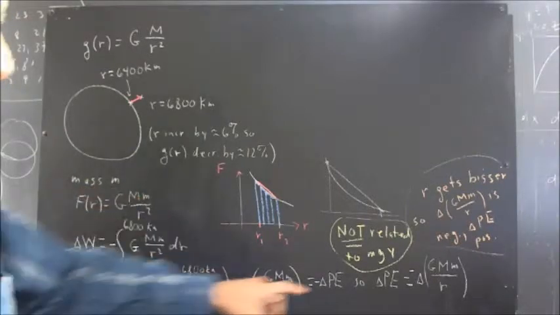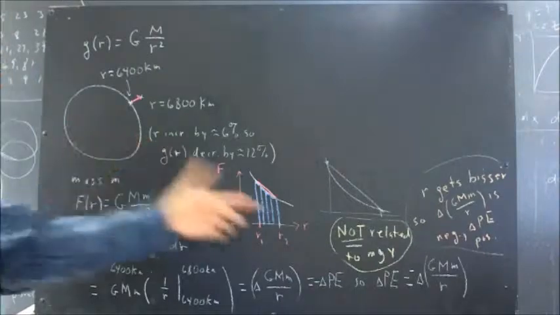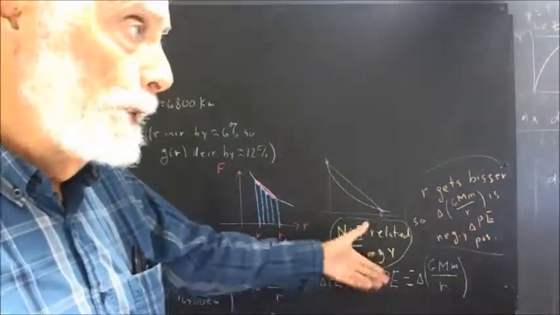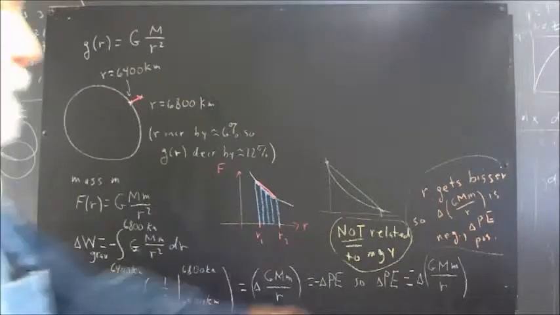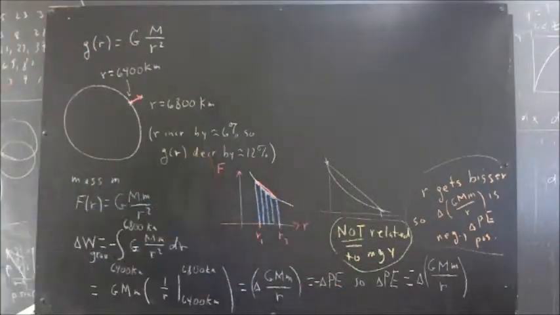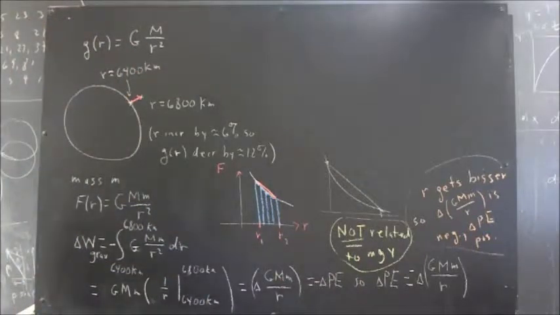So you can't just use mgy. Y would be 400 kilometers. G would be whatever it is at the surface of the Earth, 9.8 meters per second squared. It wouldn't be decreasing by that 6%. And you wouldn't get an accurate result. And if you're actually trying to shoot a spacecraft up to that height, you're going to badly miscalculate the amount of fuel you need.